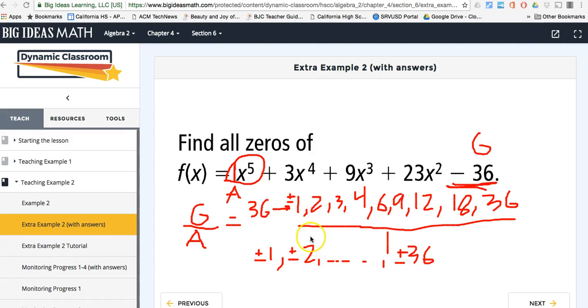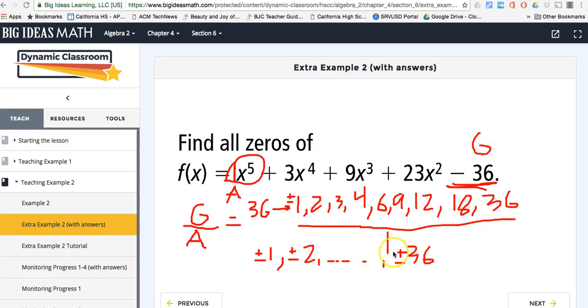Now, all this does is give us a group of numbers that our rational solutions have to be in. So let's say a solution is 3, then that exists in this pool. Our rational solutions have to be one of these numbers.